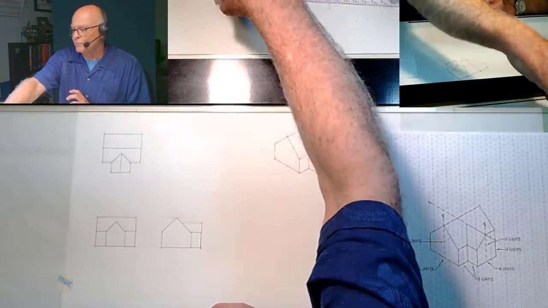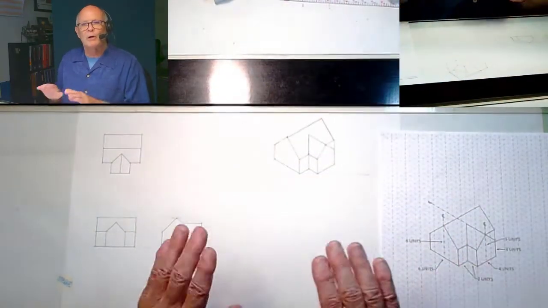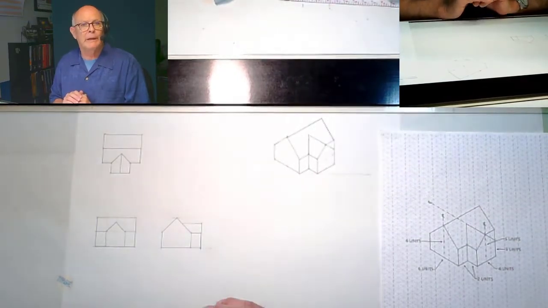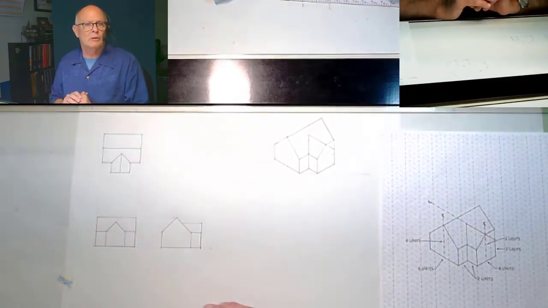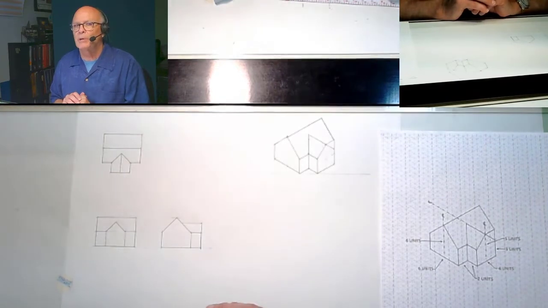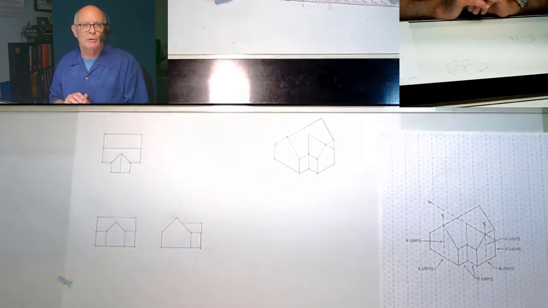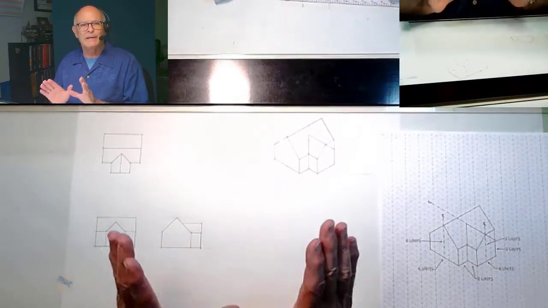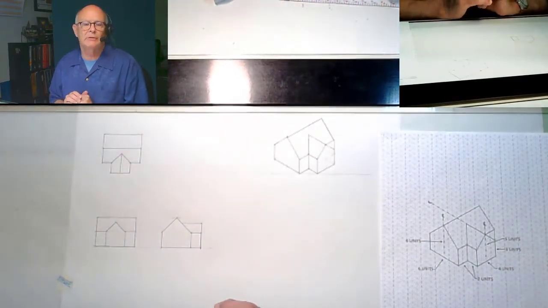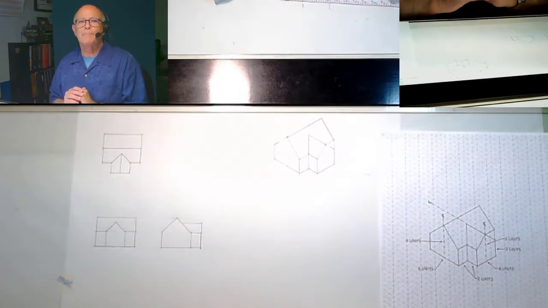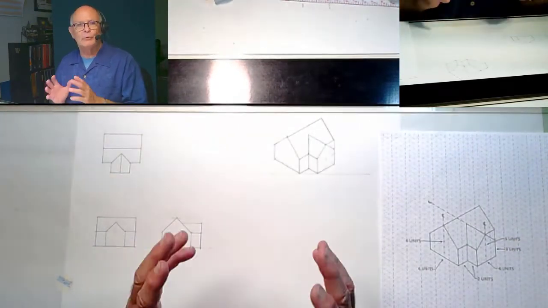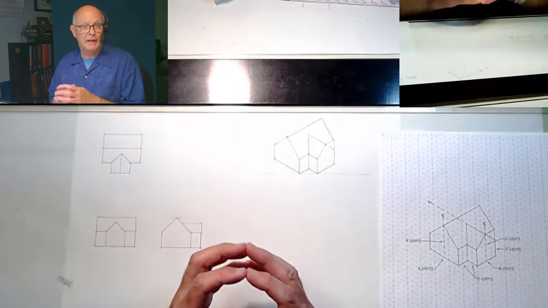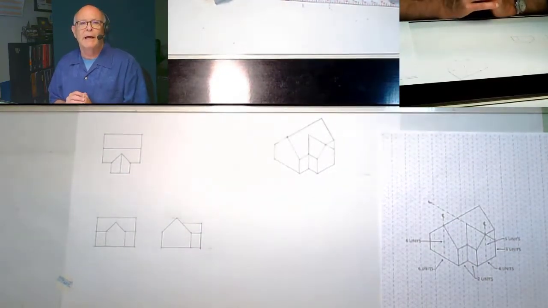In the isometric, as we saw in the example, we were using a 30-degree offset on all our horizontals. Now in a plan oblique, we are shifting our orientation to being a true 90-degree representation of the plan view. So a plan oblique has an orientation that's based upon the plan view very specifically.